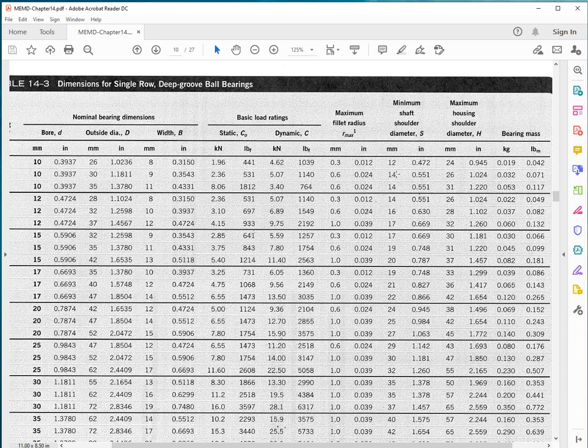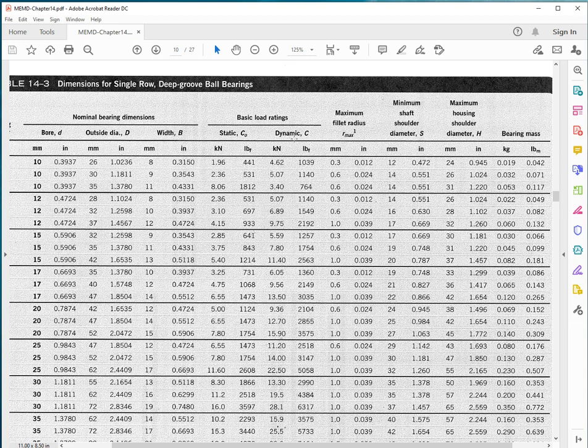If the radius is too big, then when you insert the bearing in place, I'll refer to this again, if the radius is too generous, the bearing does not touch the shoulder, and it can result in assembly errors, as well as the possibility of wedging either the inner race or the outer race relative to that too generous fillet radius.